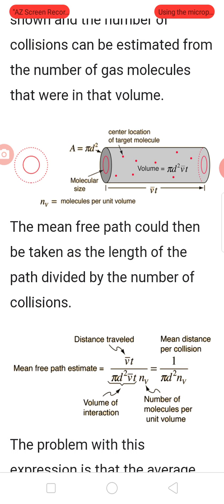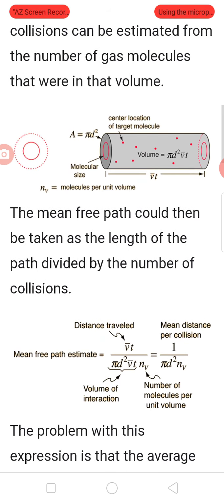So the equation is: velocity times time, the distance traveled, Vt, over pi d square Vt, which is the volume of interaction, multiplied by Nv, the number of molecules per unit volume. Distance traveled divided by volume of interaction, multiplied by number of molecules per unit volume.